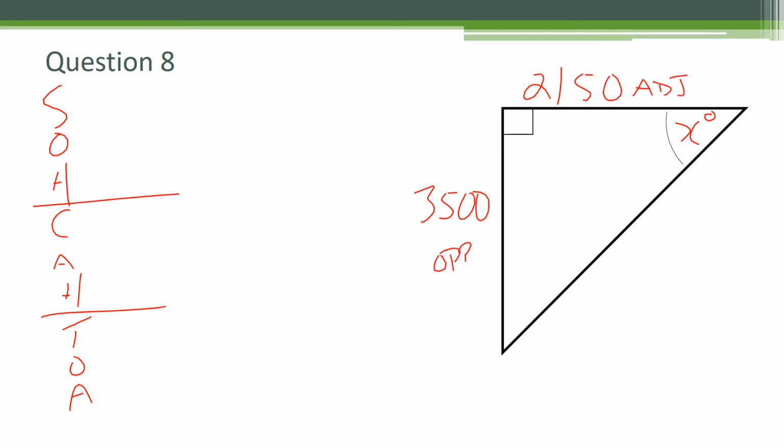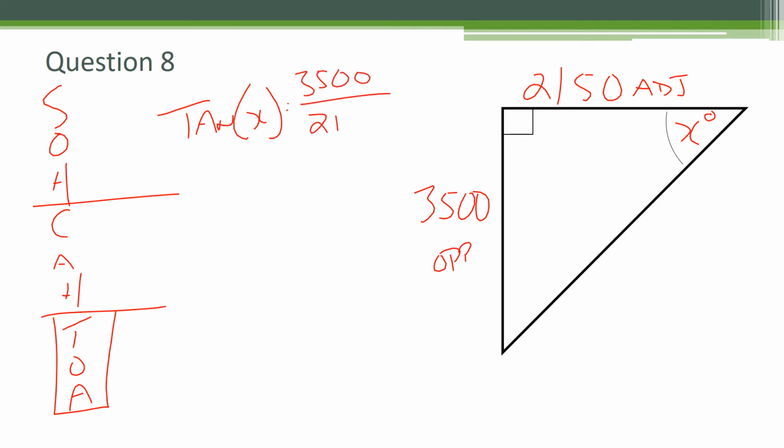Which one has opposite and adjacent in it? Tangent. So it's going to be tangent of x is equal to our opposite side, 3500, over 2150. To find the angle, I would go 3500 divided by 2150 equals, Shift tan. So that would be 58 degrees.